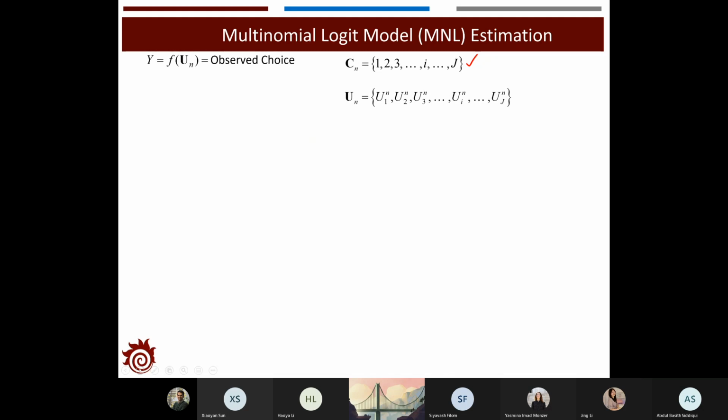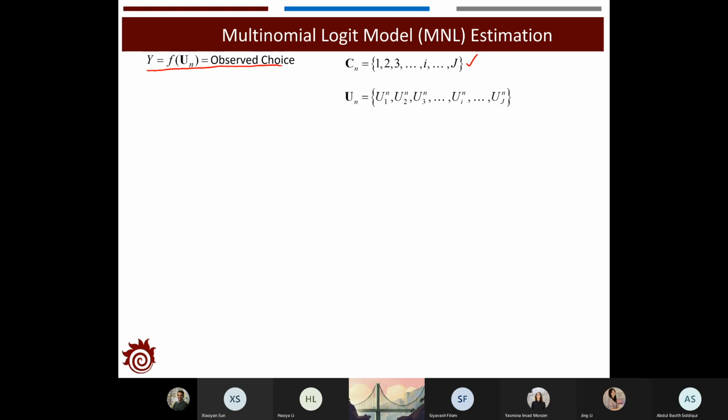And also we have observed choices for each individual. For each individual we have something about their utility to each mode, and that cannot be observed. But what we can observe is their final decision based on the utility.